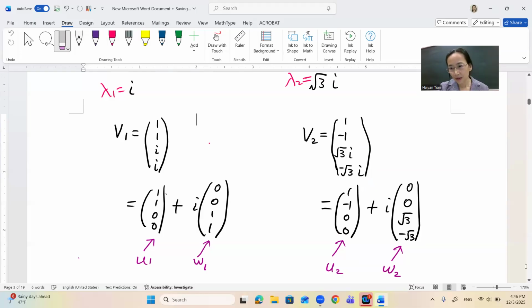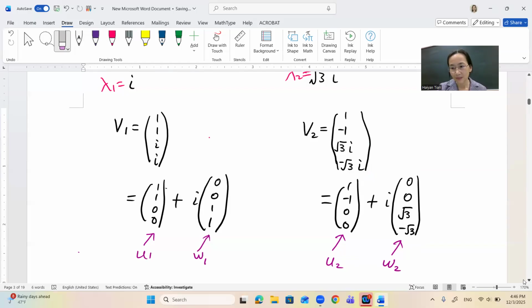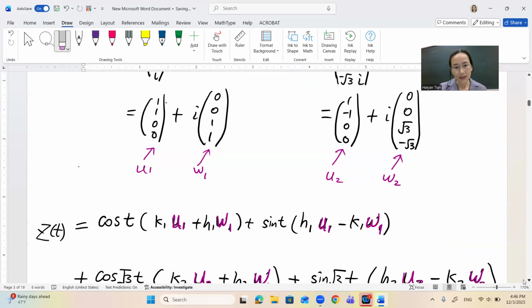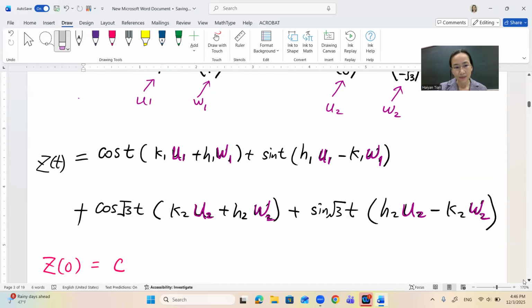So according to the complex eigenbasis theorem, we write a solution. Remember, this Z is that first order system, Z prime equals KZ, right?